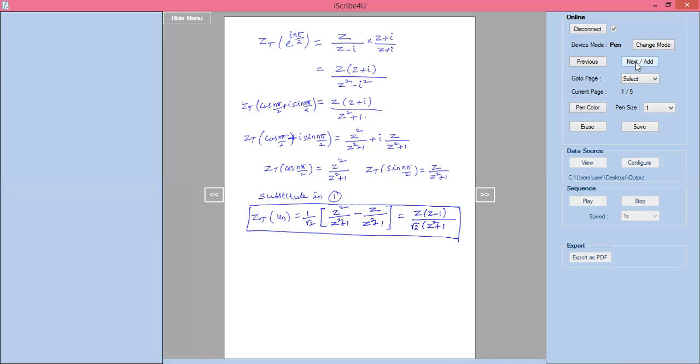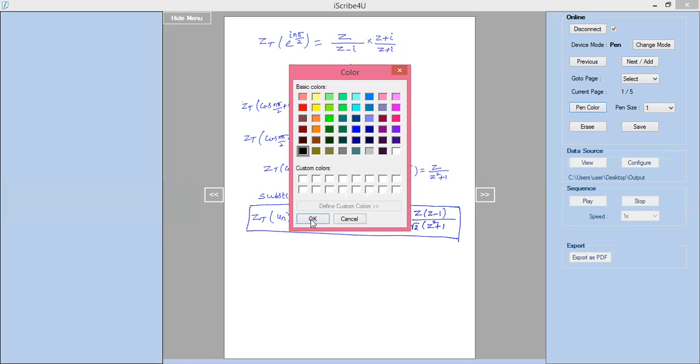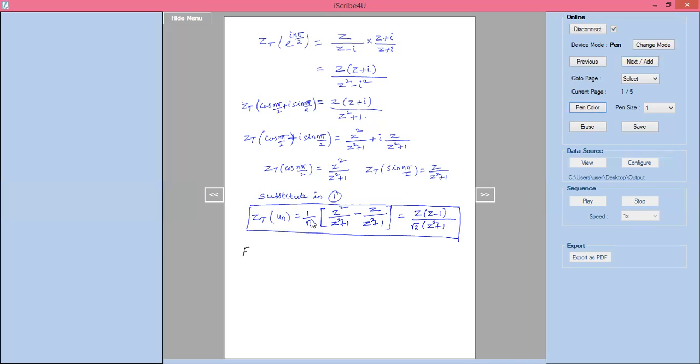Right. One more problem we'll see in this. Find z transform of cosh of n pi by 2 plus theta.